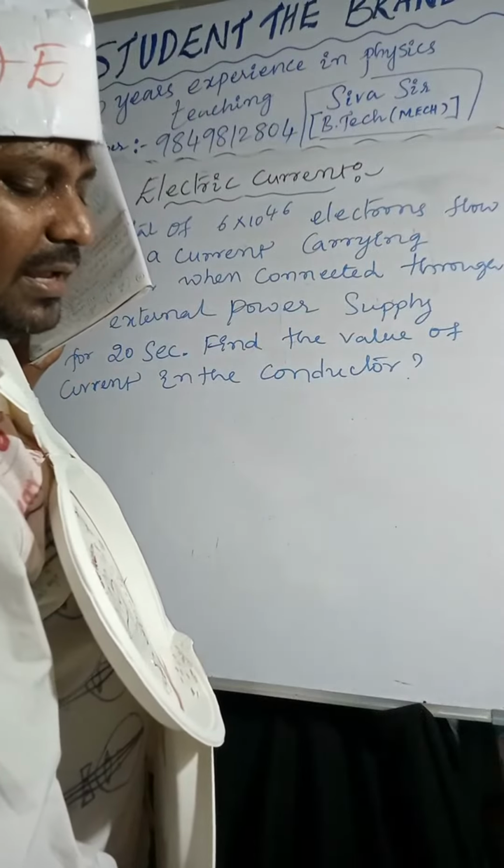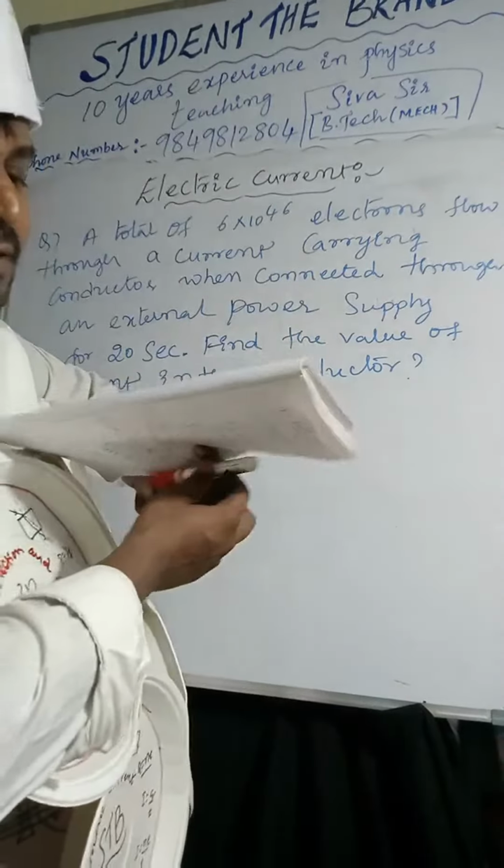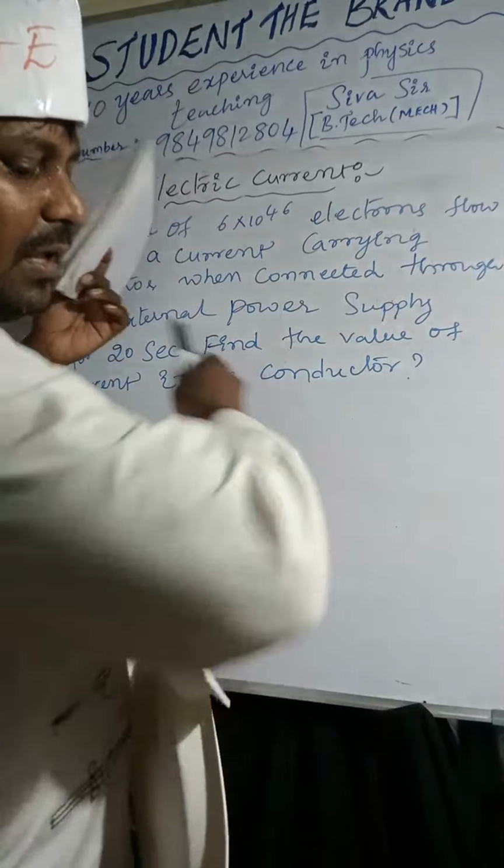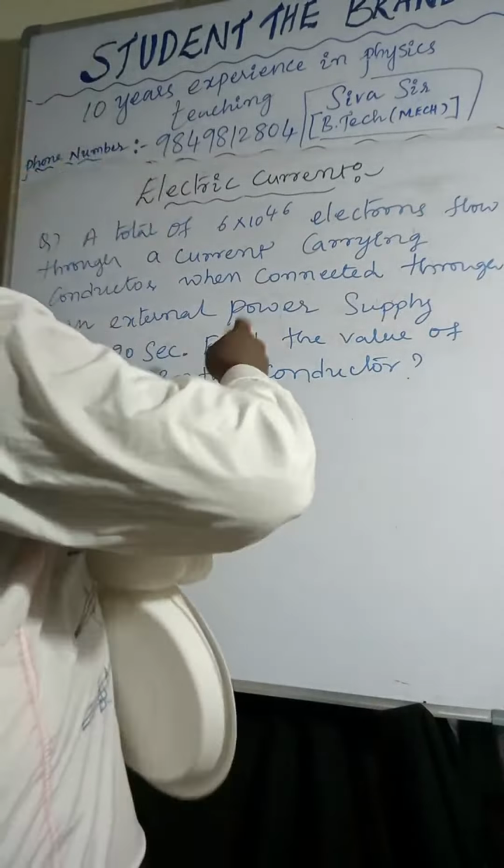Normally, yes, we can use the same formula, I equal to Q by T. But here you can observe, the number is given, and the electric current is flowing through the connected electrical circuit.